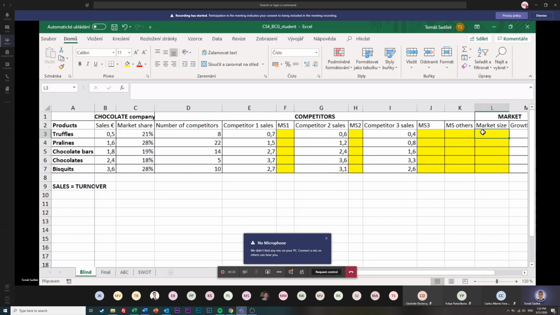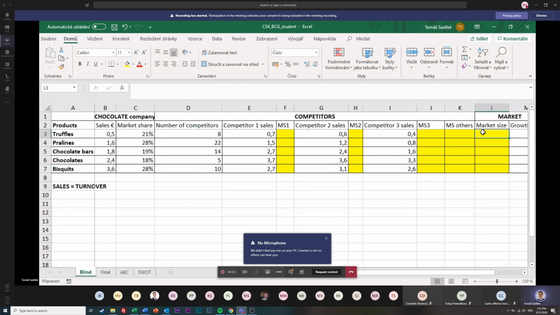How do we calculate this in an easy way? We know the market share of our company. It's 21%, and we know how much is 21%. It's 0.5 million euros. Therefore, we use just the percent to calculate what the 100% is. So sales divided by market share, and we calculate the overall market size.